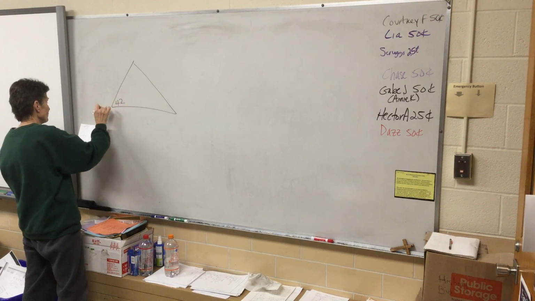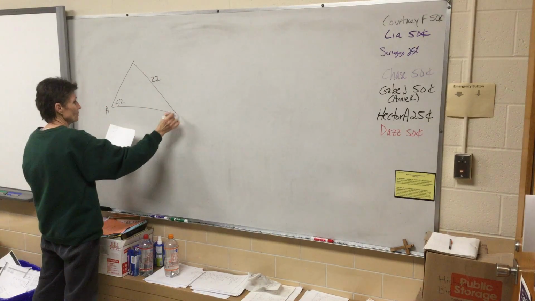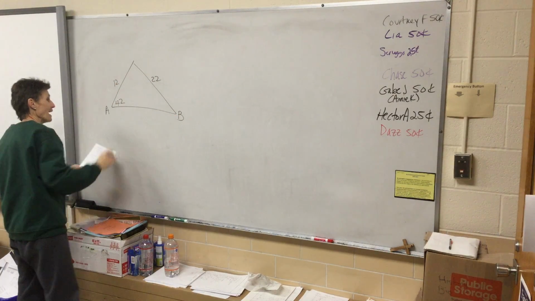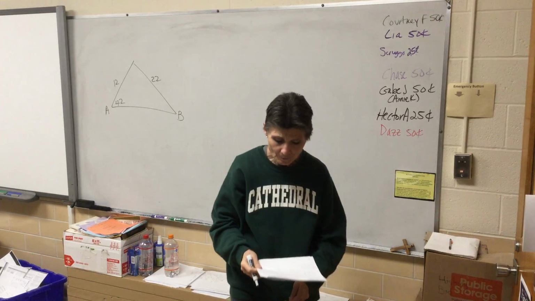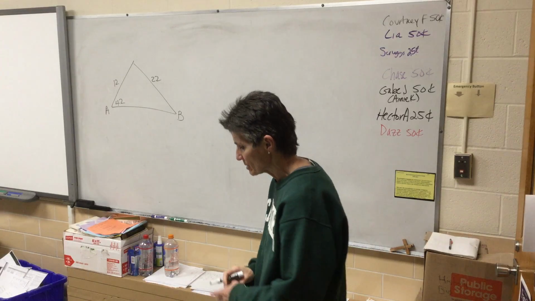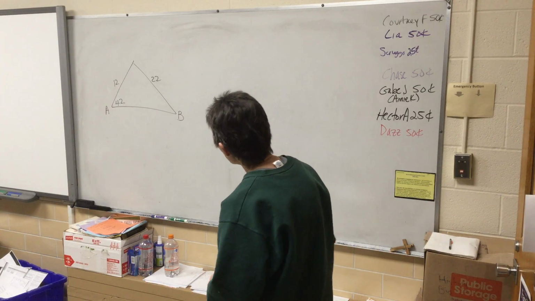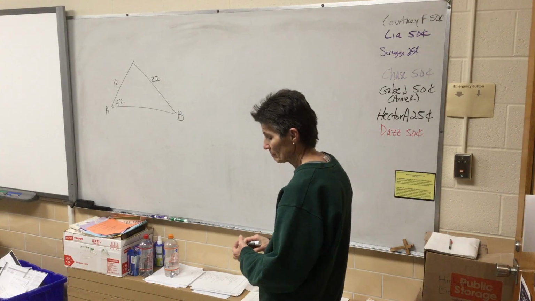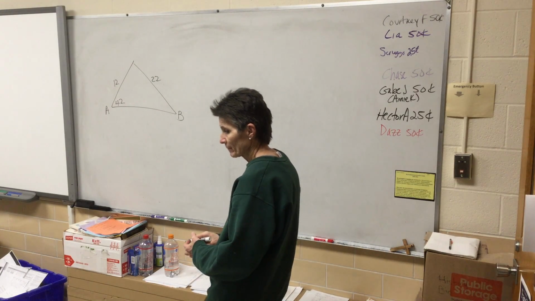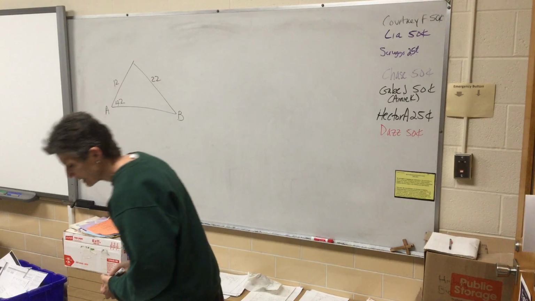We got a 42, a 22, and a 12. That's the given. Angle A is 42, side A is 22, and side B is 12. All right, somebody new set it up for me.